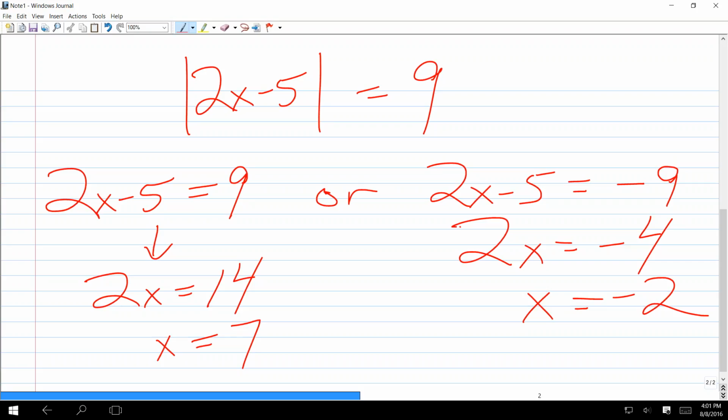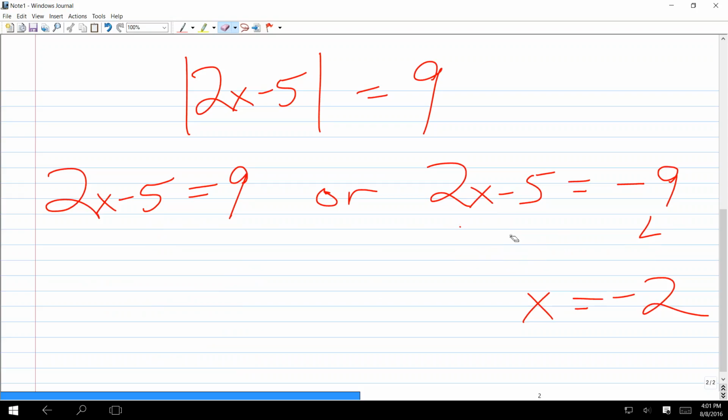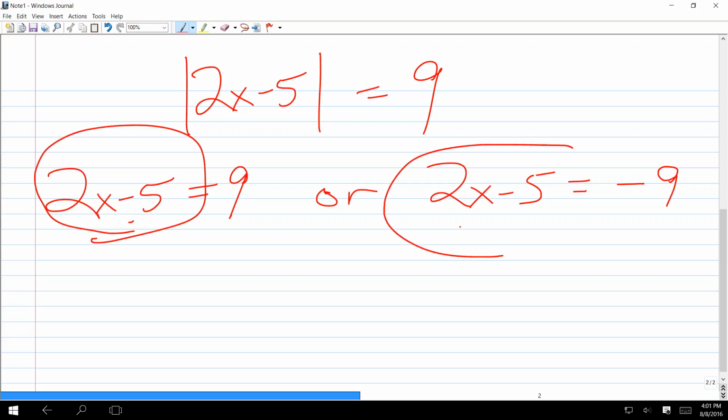You're always going to end up with two solutions. Most important thing to remember is this step right there. And it's really easy. In other words, never change what's inside the absolute value markers. Notice that that's the same right there. That's the same. The only thing I changed was the sign of the number that it's equal to.